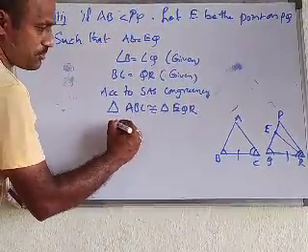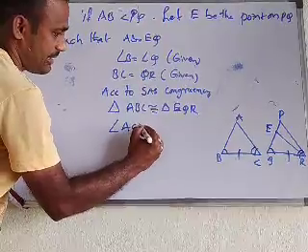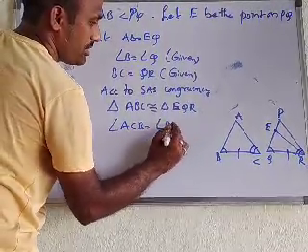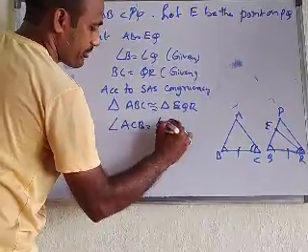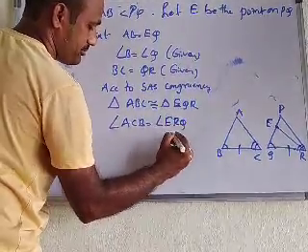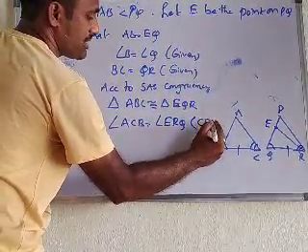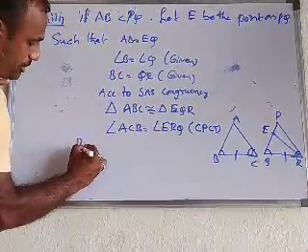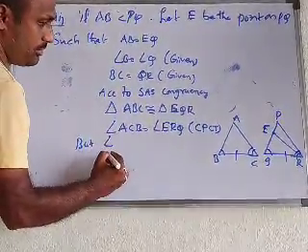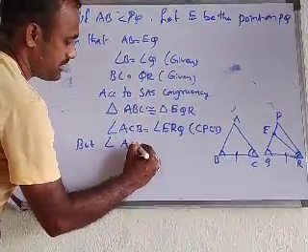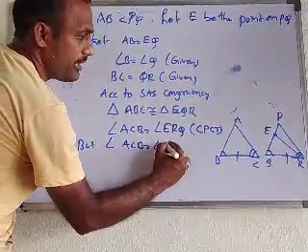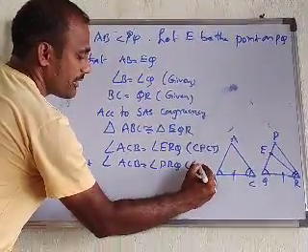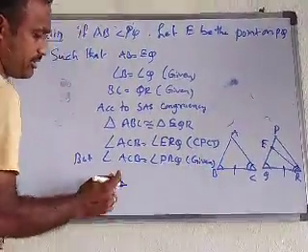By corresponding parts of congruent triangles, CPCT, we can say that angle ACB is equal to angle ERQ. But we already know that angle ACB is equal to angle PRQ, which is given in the theorem.